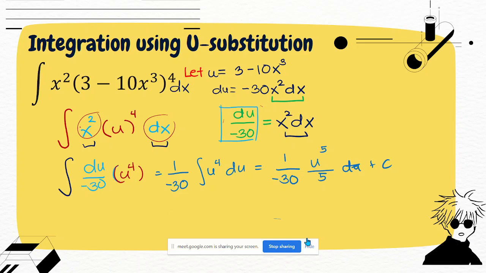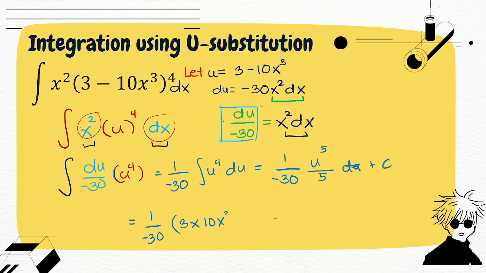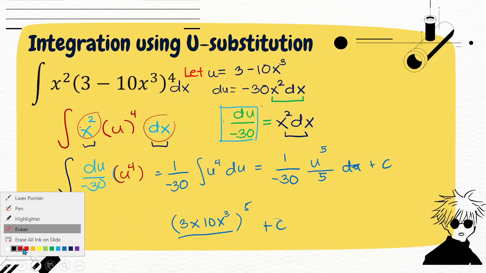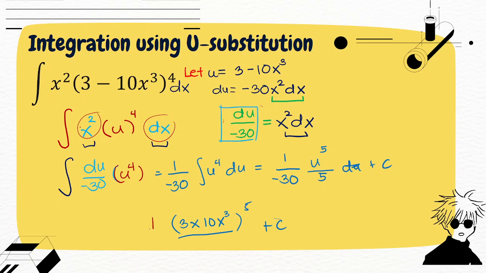So when I bring back my let u, I will have 1 over negative 30 times 3 minus 10x cubed, raised to 5 over 5, plus c. If I multiply negative 30 times 5, I would have negative 150. So, 1 over negative 150. This is the final answer.